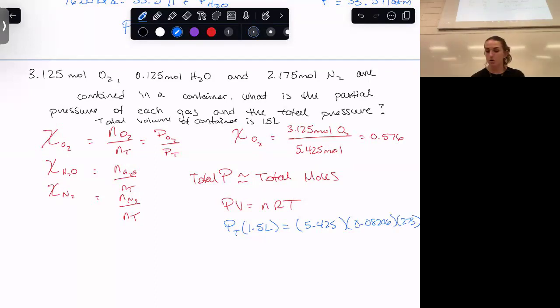So now we can get that our total pressure is a number. So our total pressure is 81.02 ATM.